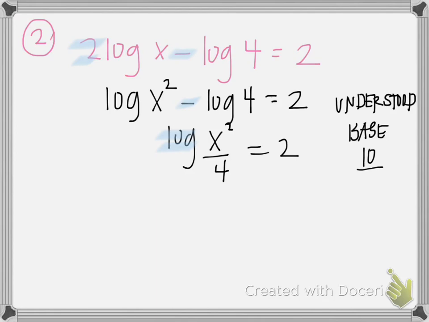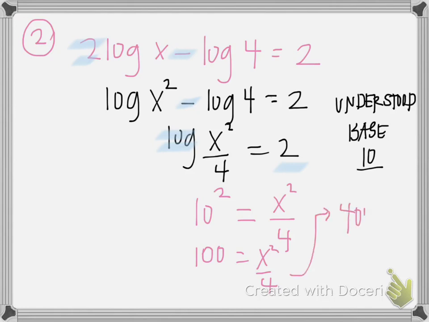So this is going to be 10 raised to the 2nd power is equal to what's inside there, x squared over 4. So 10 squared is 100, and then multiply by 4, so that'll be 400 is equal to x squared.